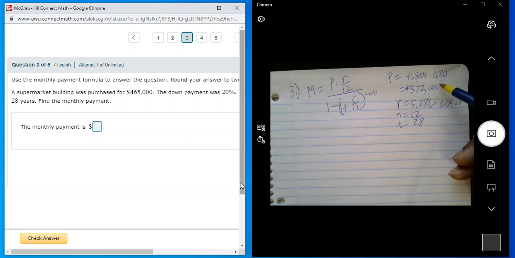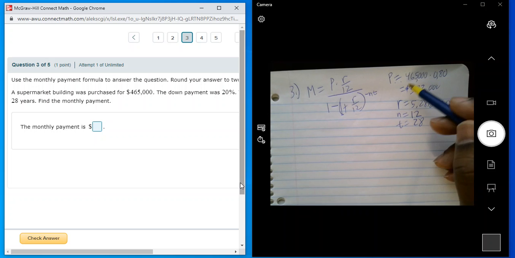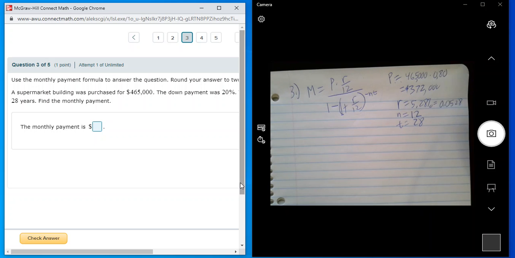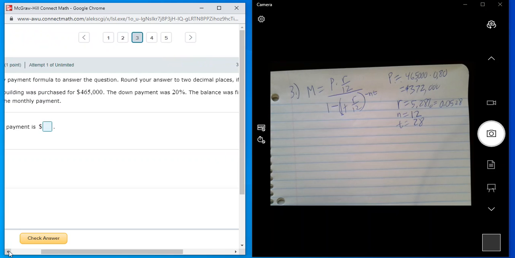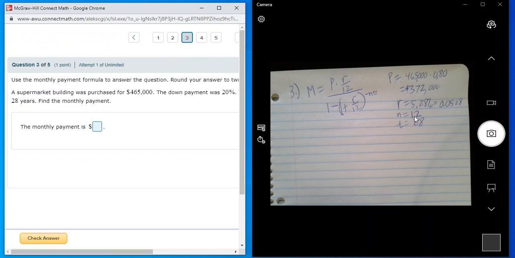A 10% down payment, we'd have multiplied this by 0.90. So this gives us our new principal. The rate, we know is the interest rate. Like we said here, we take this 5.28%, change it to a decimal. And then n is 12 because we're trying to find a monthly payment. It's only 12 months in a year. And then the t is the time, which is 28 years.